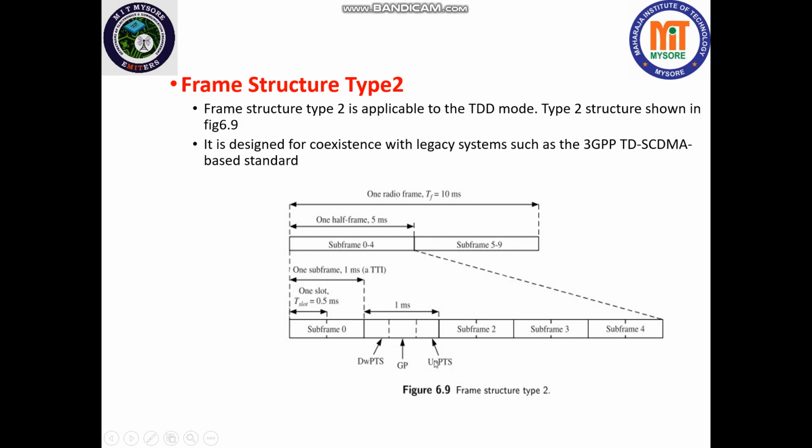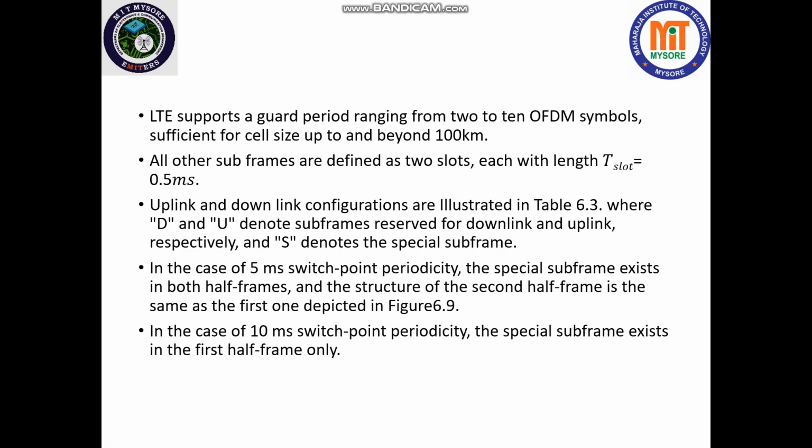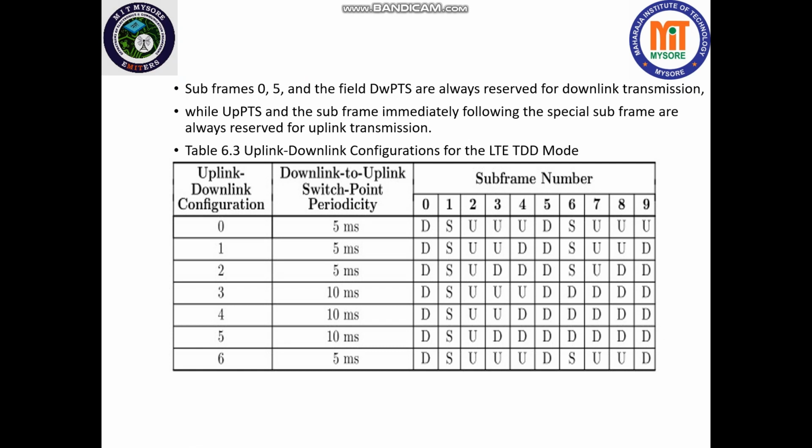There are different subframe structures, seven different uplink downlink configurations. Let us see that. What we can observe here is that there are two types of downlink to uplink switch point periodicity. One is 5 millisecond periodicity, another is 10 millisecond periodicity.